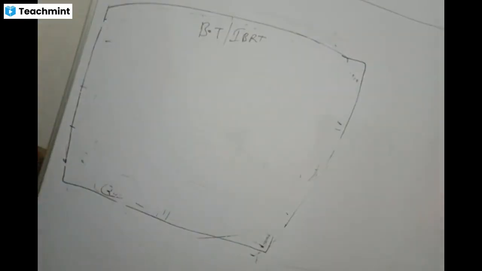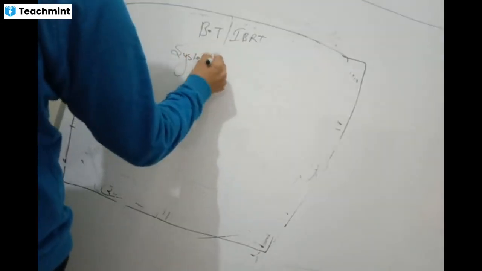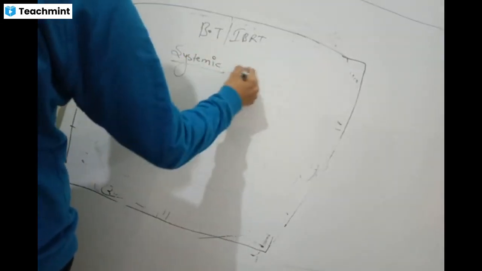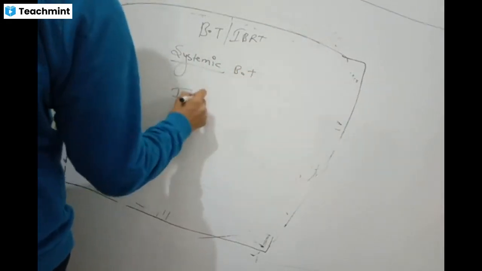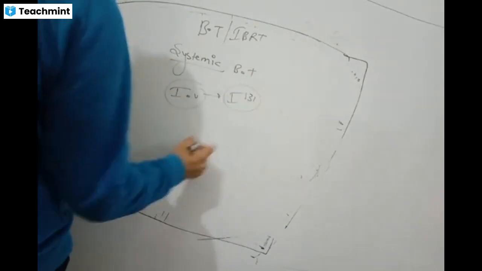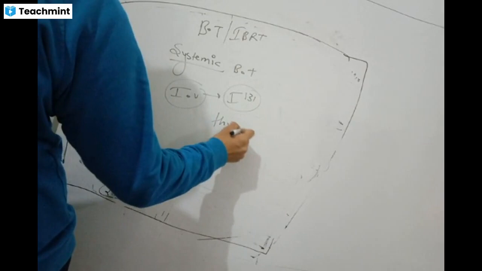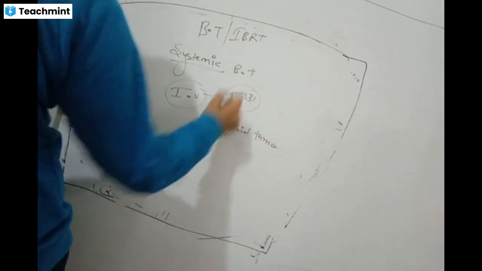Next is systemic brachytherapy, where we inject iodine 131 intravenously. That is in case of thyroid tumor.